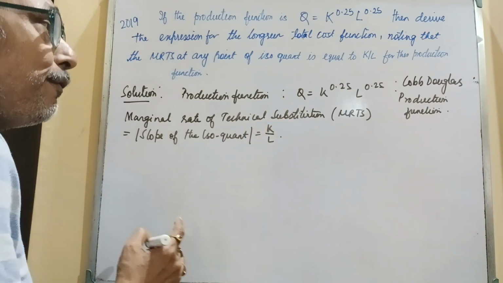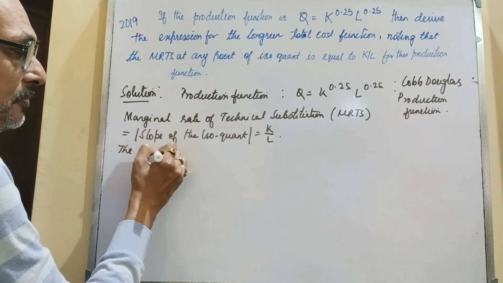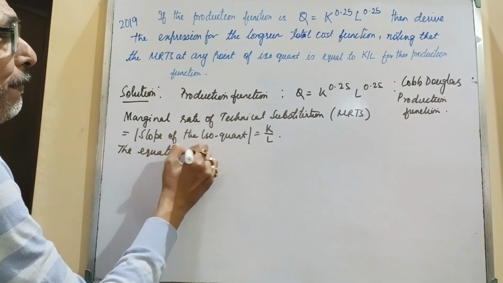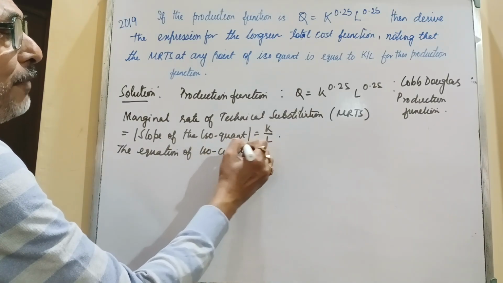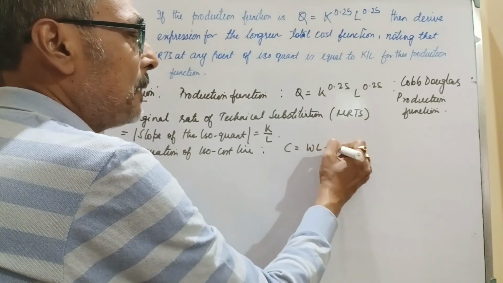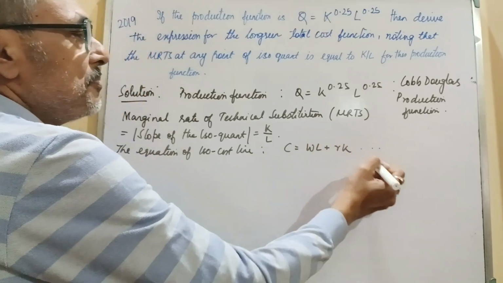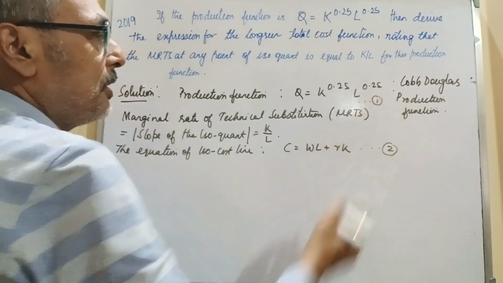Now, the equation of the isocost line. What is the equation of the isocost line? C equals WL plus RK. This is equation number 2. This is equation number 1.